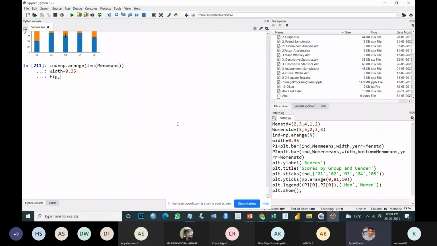Then fig comma ax equal to plt dot subplots. rects1 equal to ax dot bar of ind minus width by 2, then men means, comma width, comma yerr equal to men standard deviation, then color equal to sky blue. Then label is men.